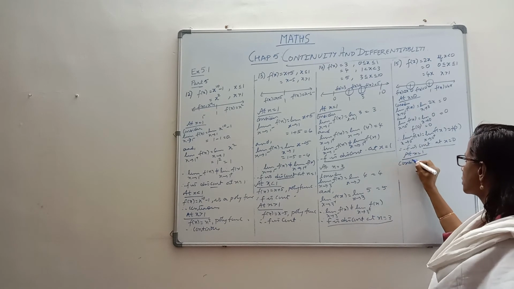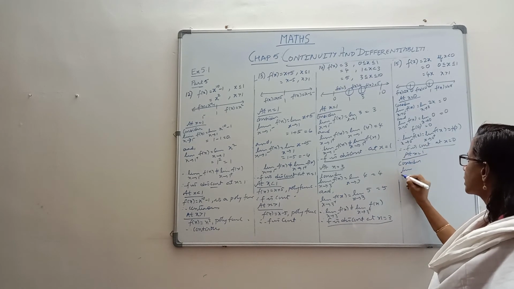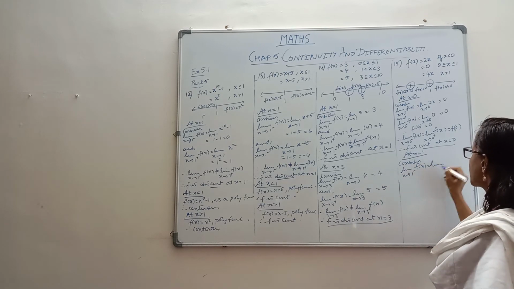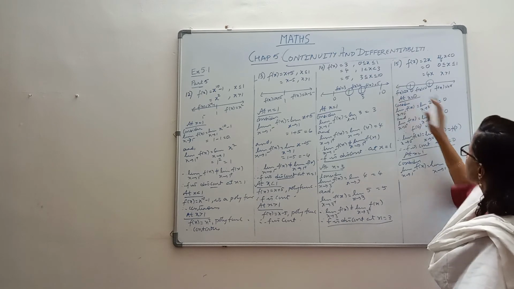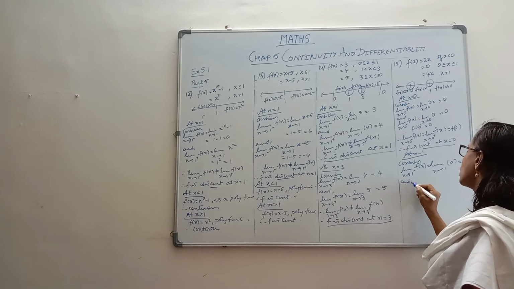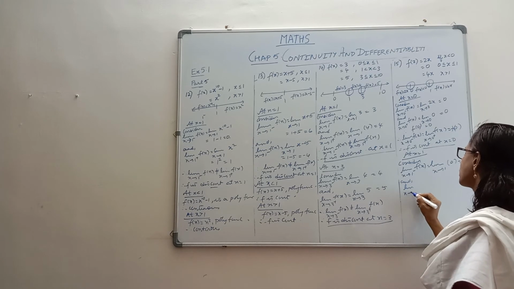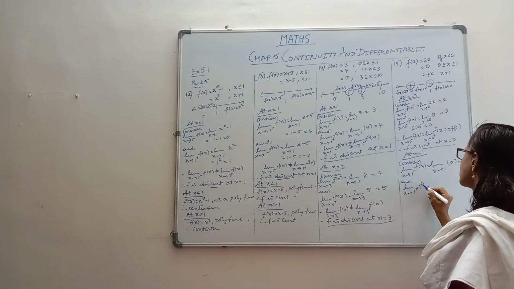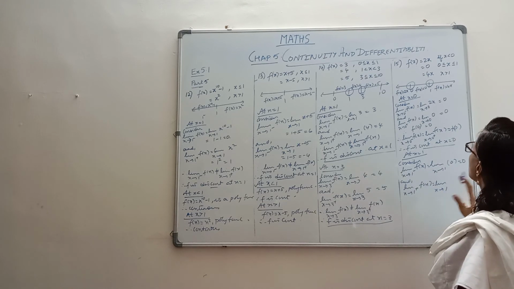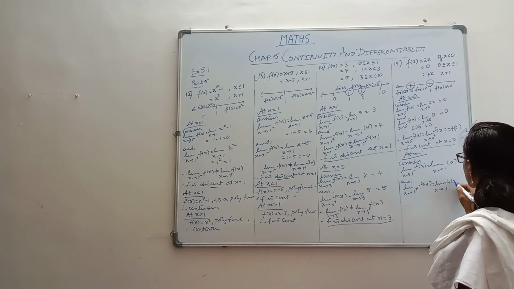Let's see what happens. Limit as x tends to 1 minus, means left side of 1. What is the function defined as? On left side of 1, the function is defined as 0. And on the right side of 1 it is defined as 4x.